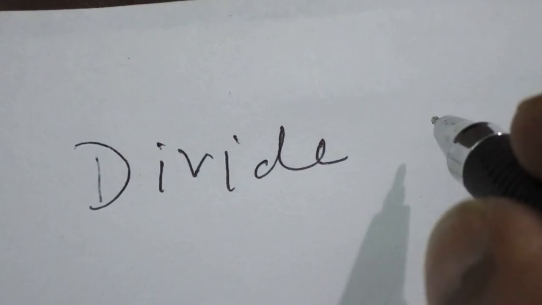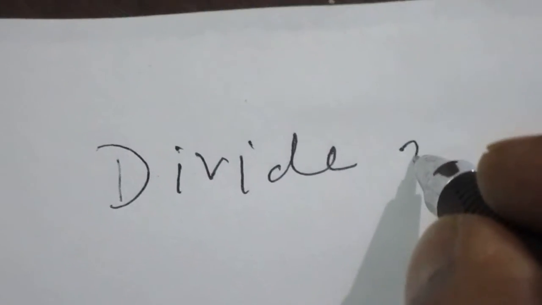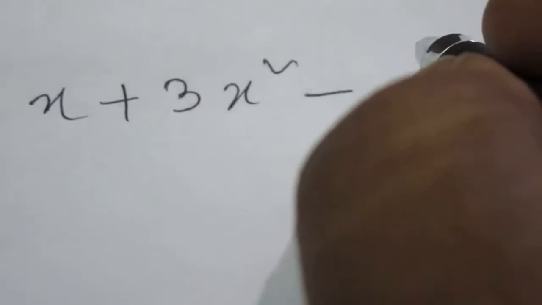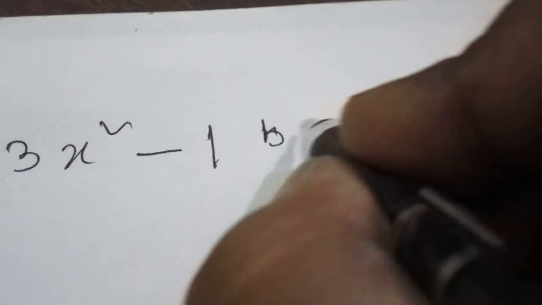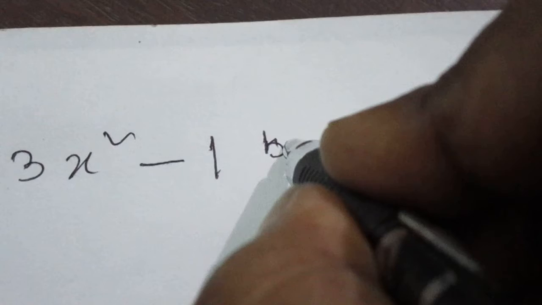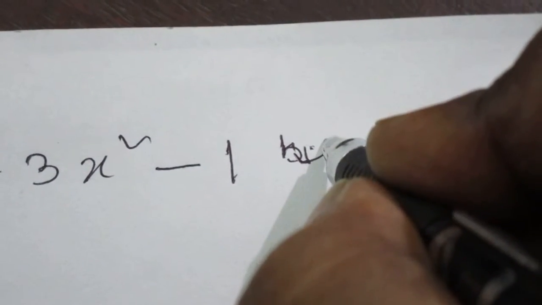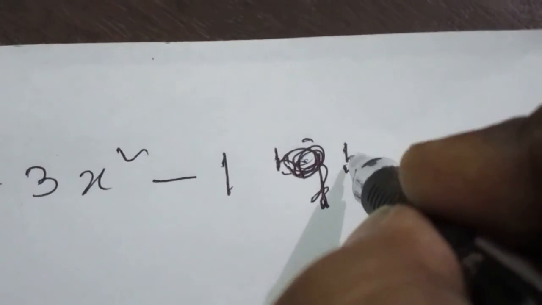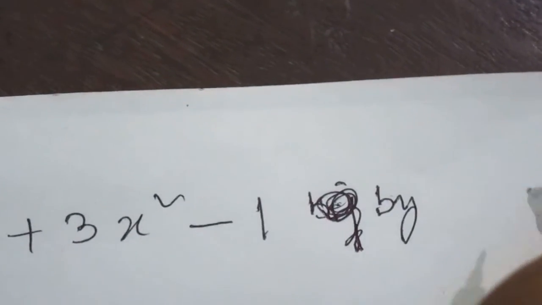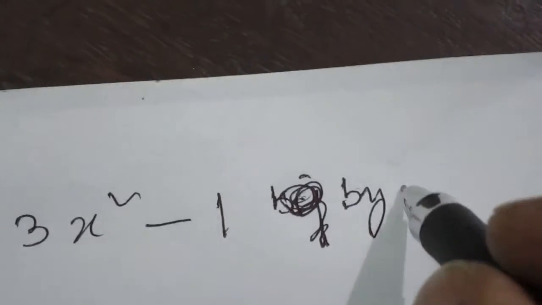Divide x plus 3x square minus 1 by 1 plus x.